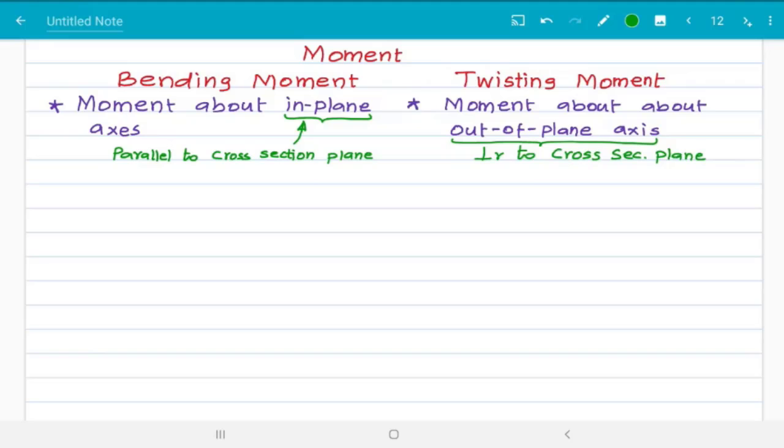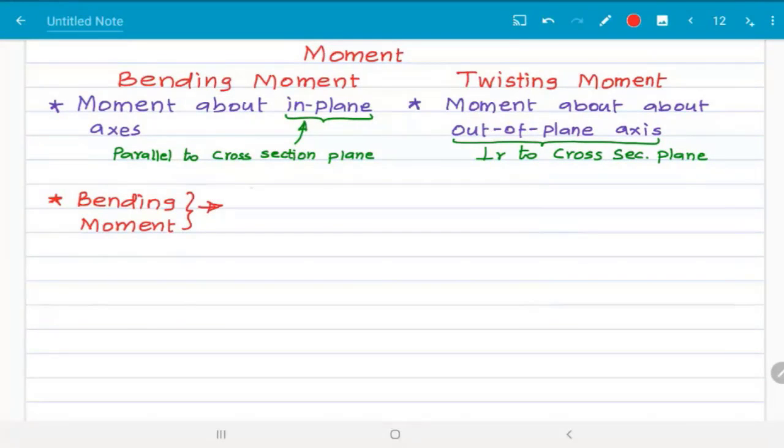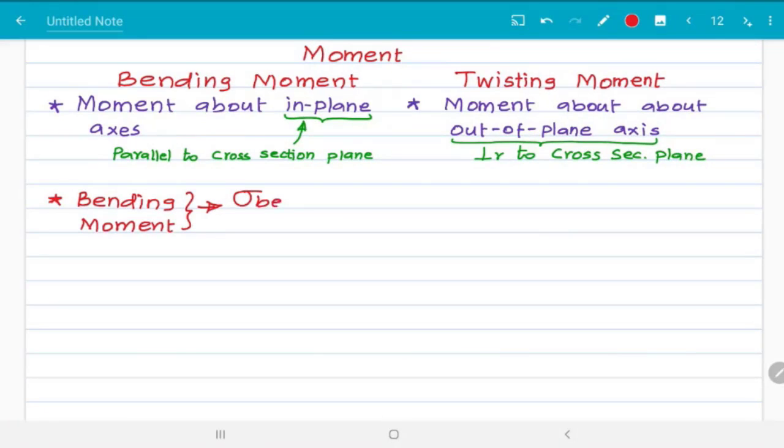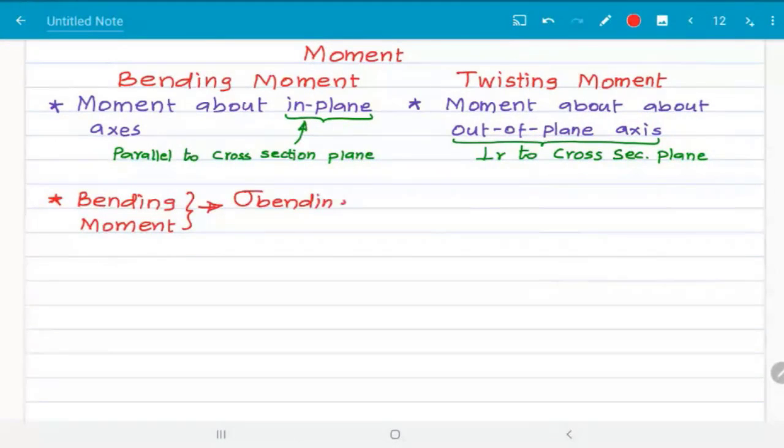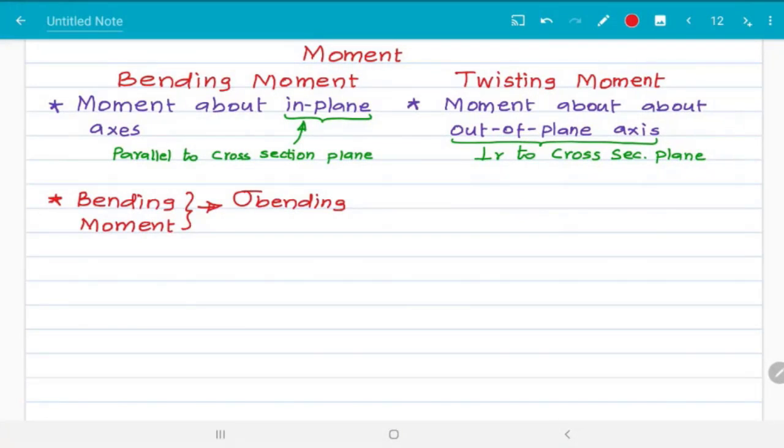Right. Bending moment will create bending normal stress. Twisting moment creates which stress?